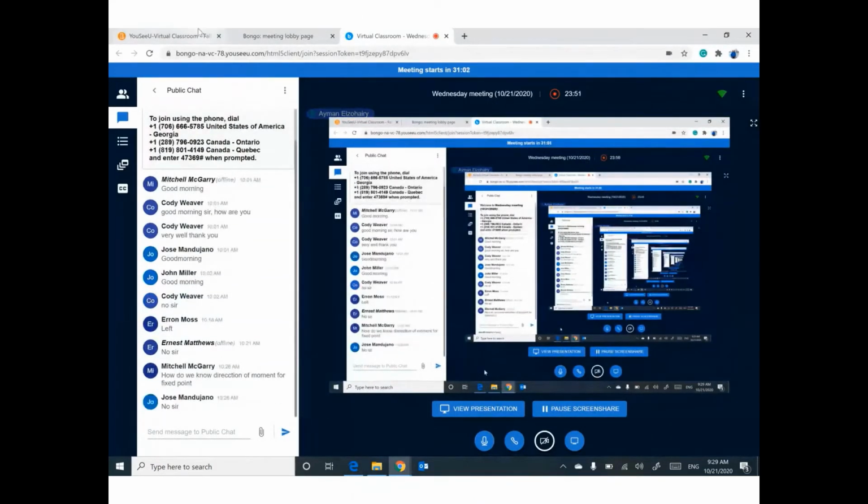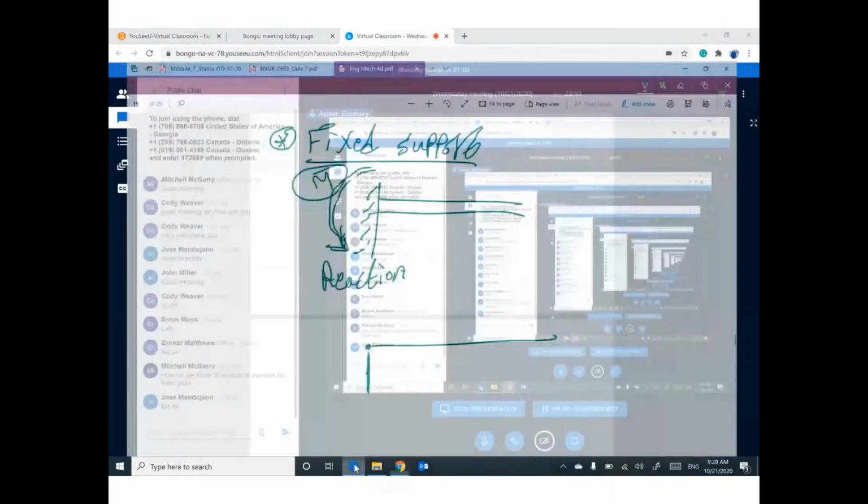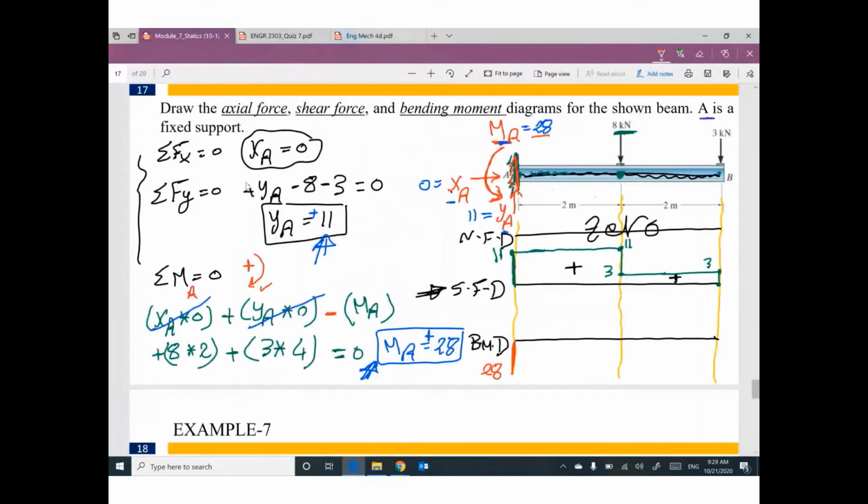Okay, Mitchell, you forgot my talk. When I was figuring out the reactions, I figured out the value of MA and I found MA equal positive 28. So the assumed direction for this moment is correct, and the direction of MA is counterclockwise. When drawing the bending moment diagram, this direction is negative.